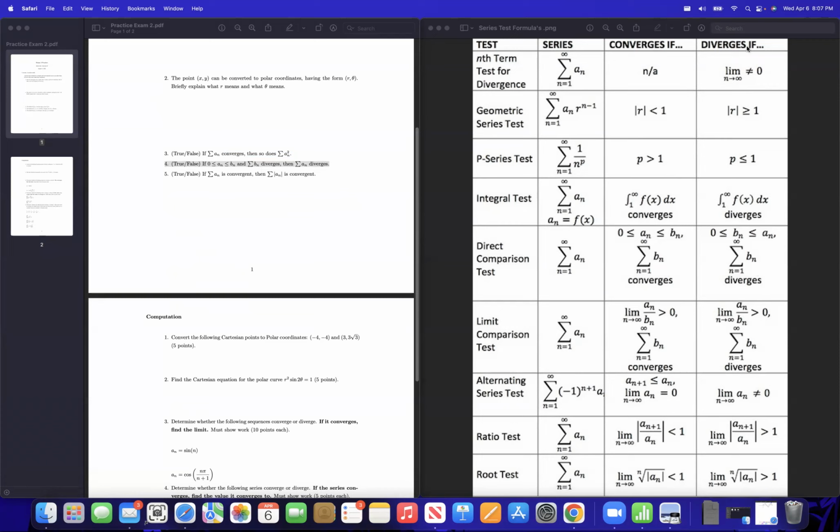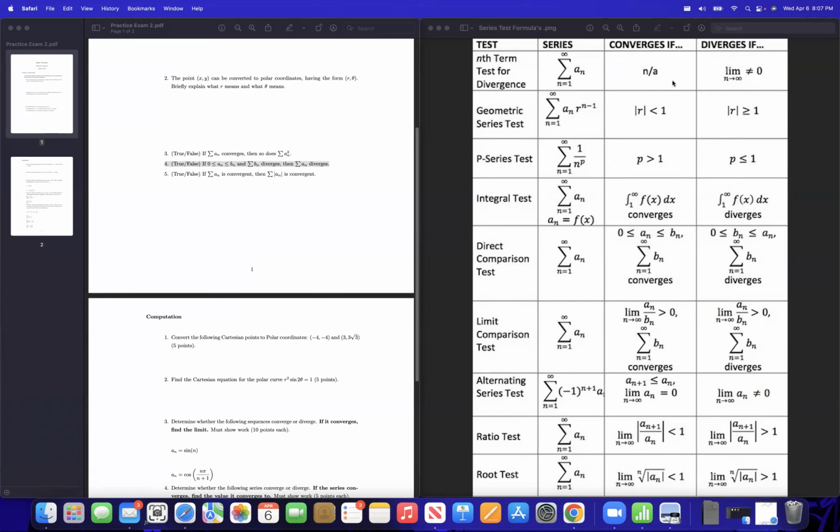So the question is, is this true? If a of n is less than b of n and b of n diverges. The thing is that it's saying if a of n is less than b of n and if b of n diverges, but here we have if a of n is less than b of n and b of n converges.